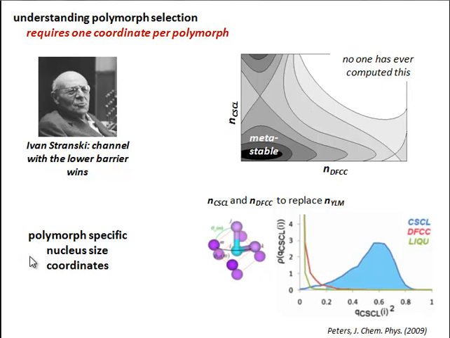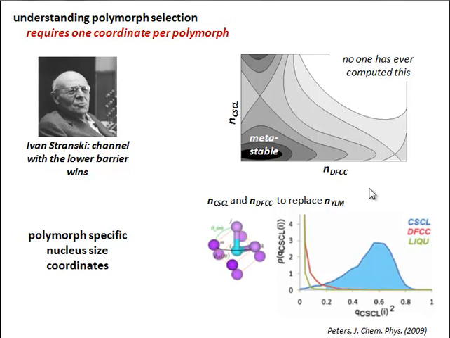In order to do it, we have to have what I call polymorph-specific nucleus size coordinates. Those should specifically distinguish between the different polymorphs that can be made. And they should still be local order parameters, right? So we're still keeping these essential ingredients of the Ten Wolde-Frenkel NYLM kind of coordinates here, but now we're introducing ways that we can actually distinguish between which atoms are in cesium chloride-like environments and which atoms are in FCC-like environments.